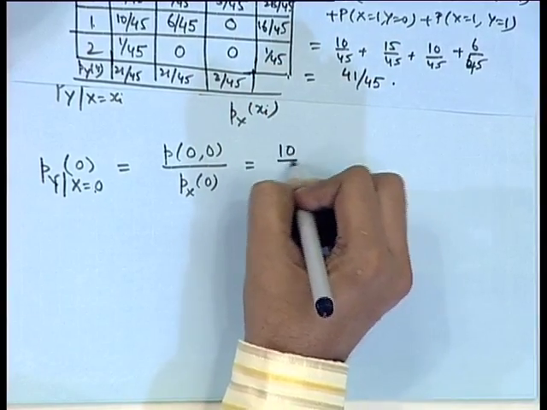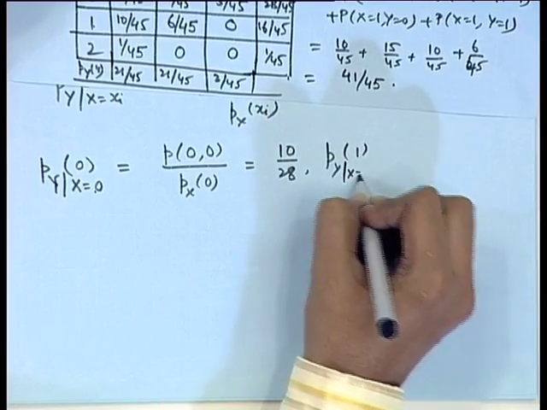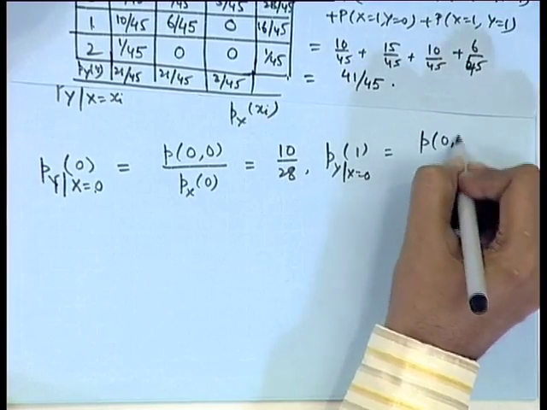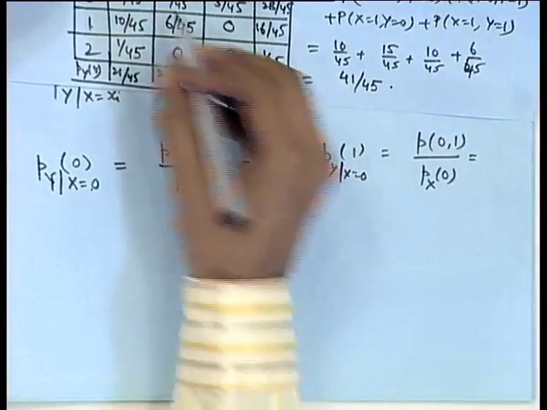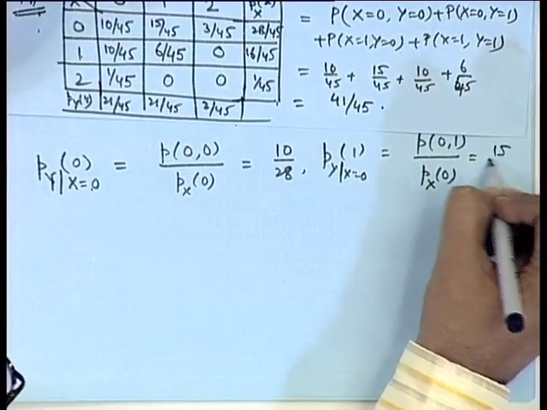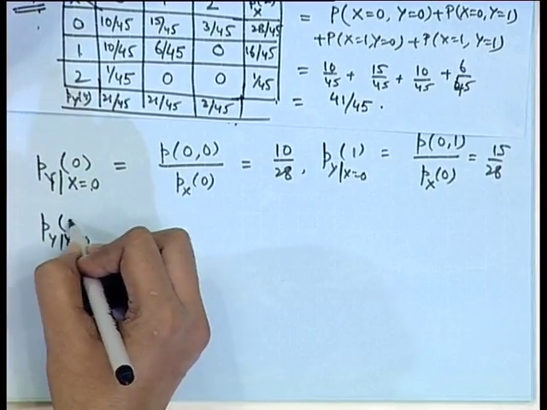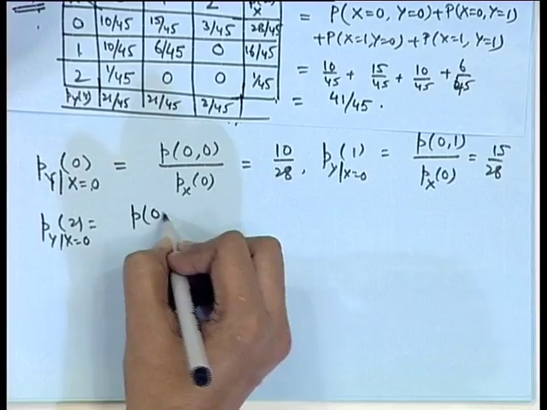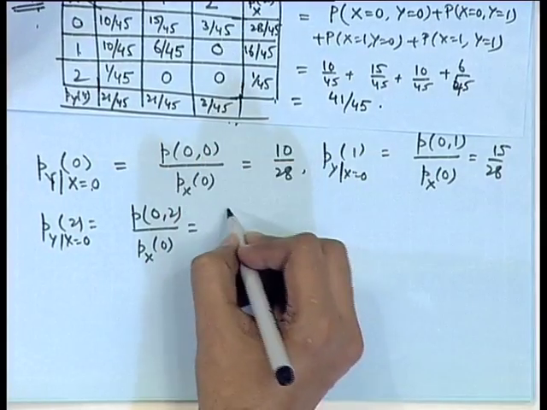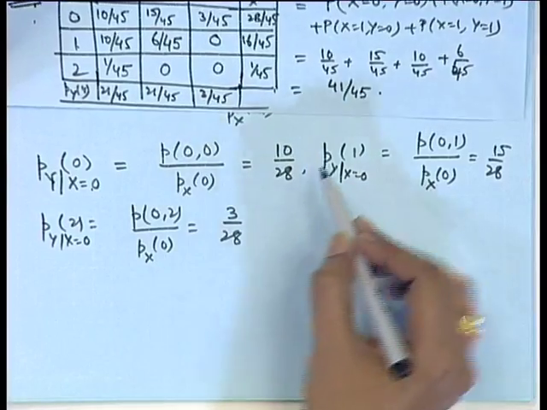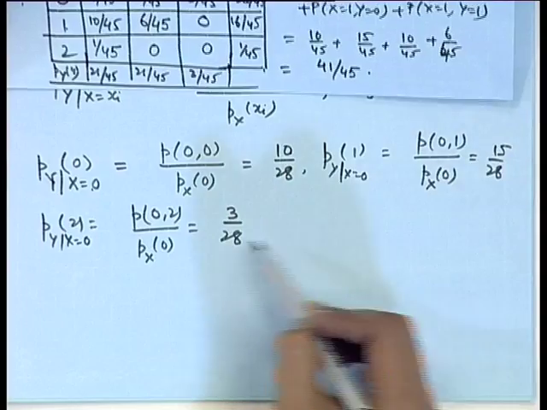So, this becomes 10 by 28. What is the probability y equal to 1 given x equal to 0? This is p(0,1) divided by p_x(0), so that is equal to 15 by 28. Similarly, for y equal to 2 given x equal to 0, this is p(0,2) divided by p_x(0), that is 3 by 28. So, you can see here the sum of the 3 probabilities, 10 by 28, 15 by 28 and 3 by 28, gives 1.